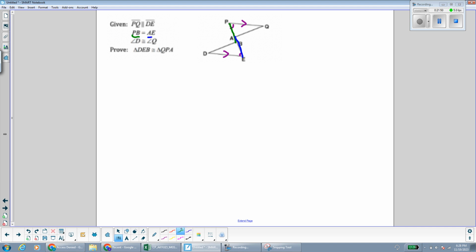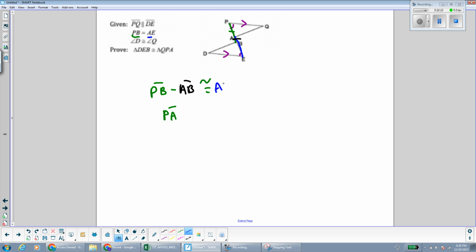So let's talk about what we're going to subtract. PB, the long segment, taking away AB leaves us over with PA, which is the side of the triangle that we need.